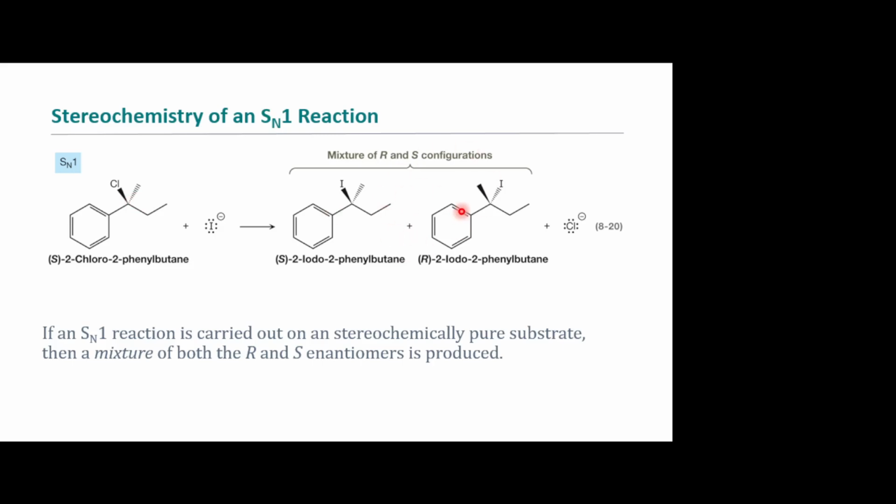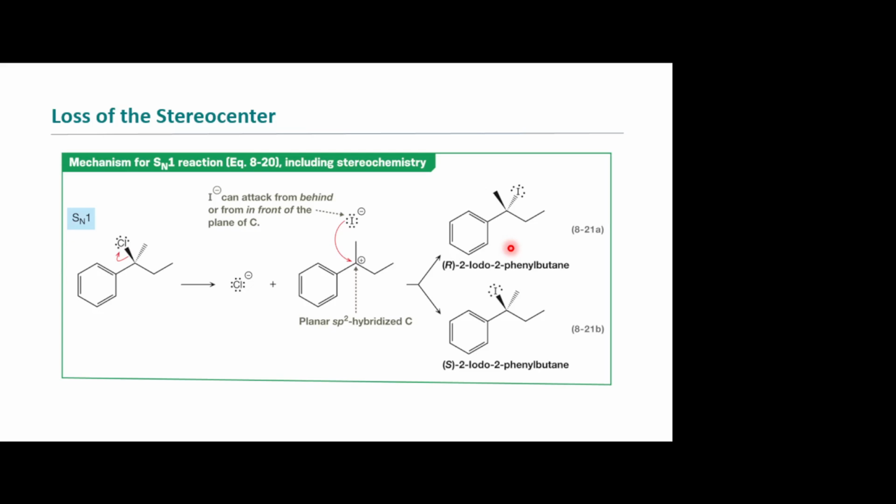If there's no other forces acting on this, then what you're going to end up with is a racemic mixture. Okay, 50-50. If there's some forces that are going to change the energies of one versus the other, so it has a three-dimensional environment, it has chirality to the environment, then you can get different amounts of these. But again, you're going to get front and backside attacks on that carbocation.